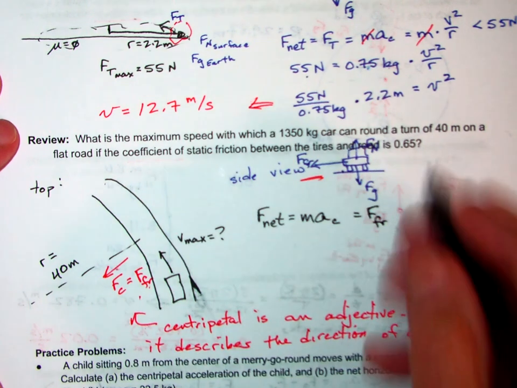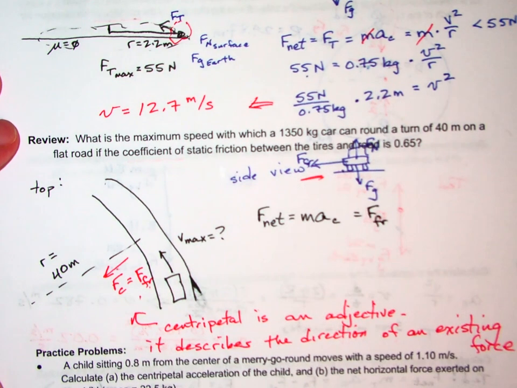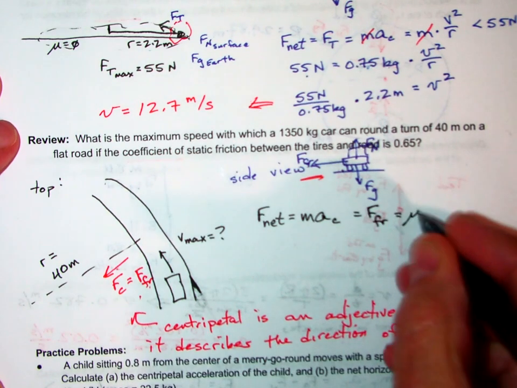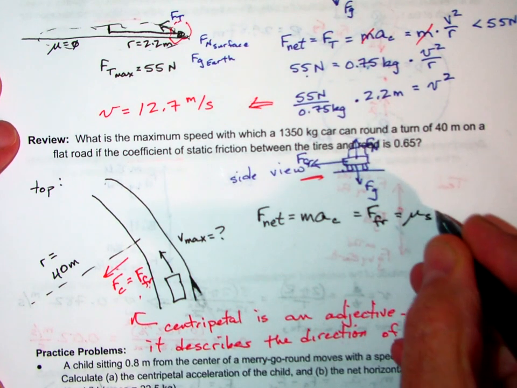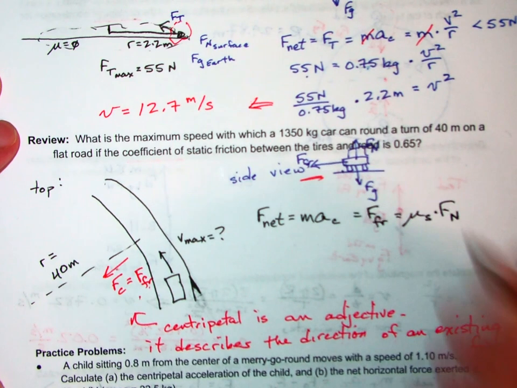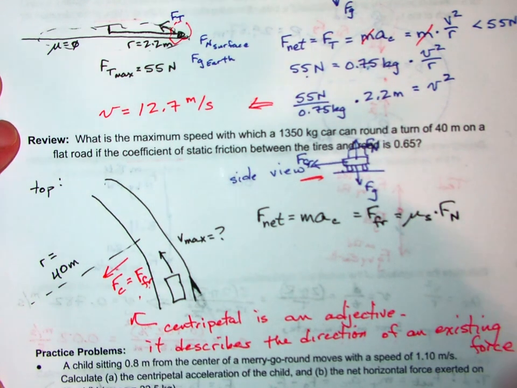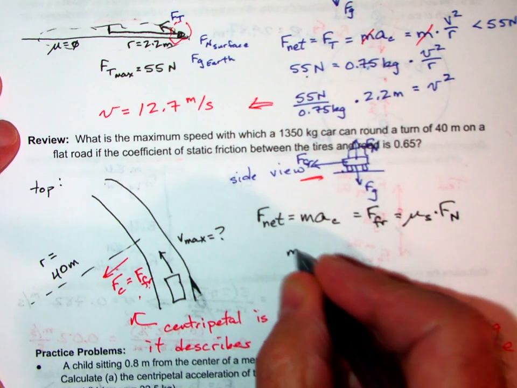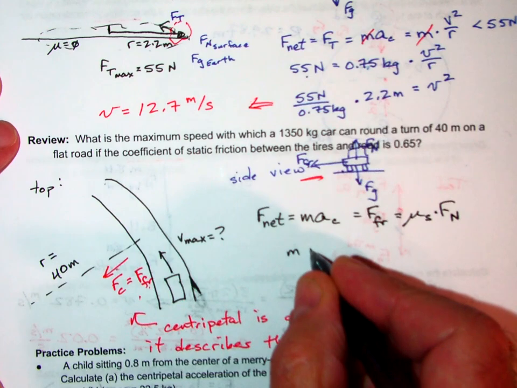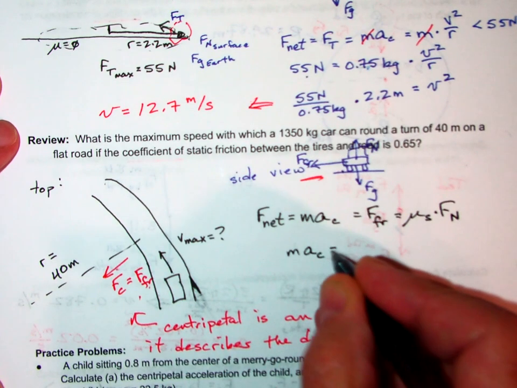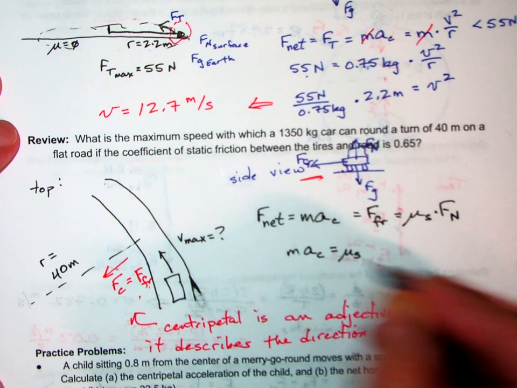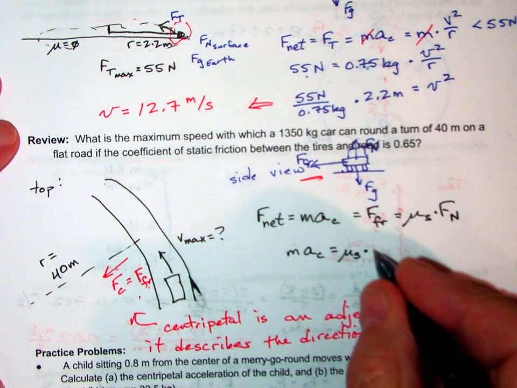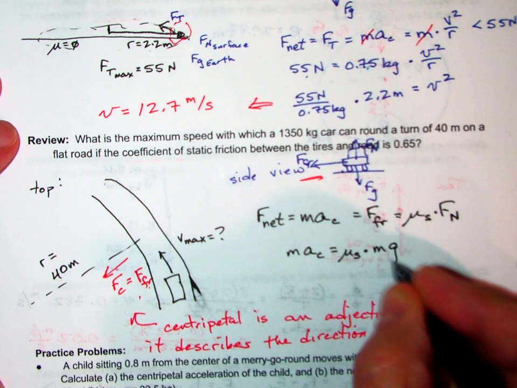And as we investigated from the lab, we know that the friction force is equal to the coefficient of static friction times normal force. So mass times centripetal acceleration is equal to coefficient of static friction. The normal force is equal to the gravitational force, so times mg.